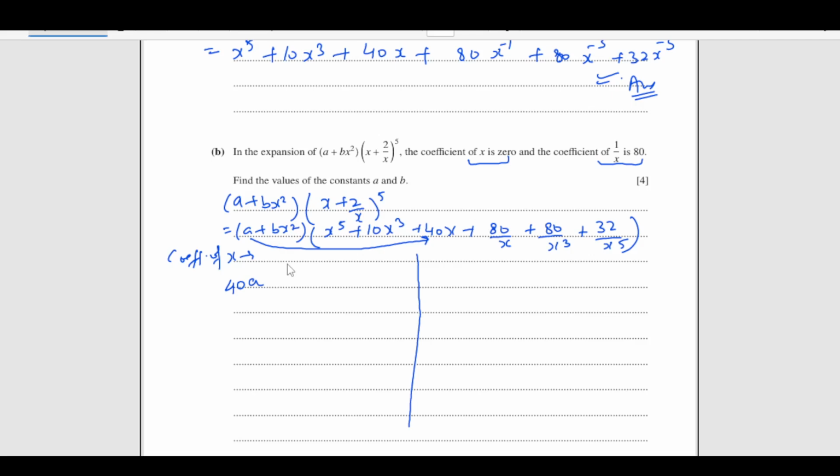So when you multiply bx² with 80 over x, this is going to be 80b. So plus 80b, and this is equal to 0, right? So dividing by 40, we get a plus 2b equals 0. Okay, so this is one equation.